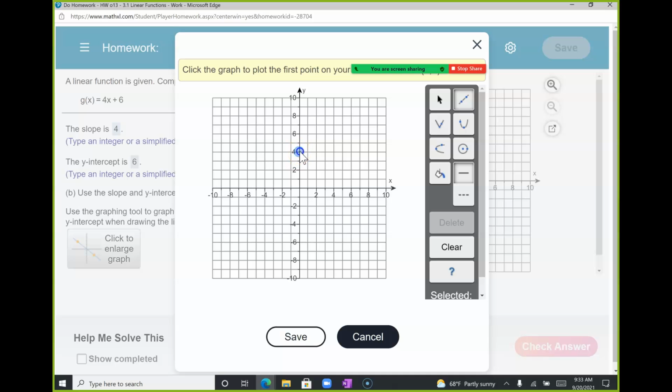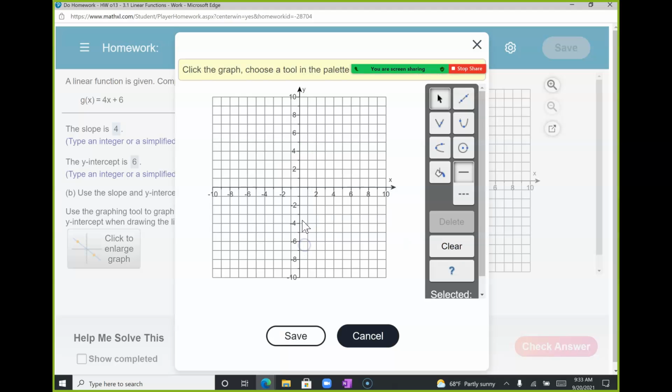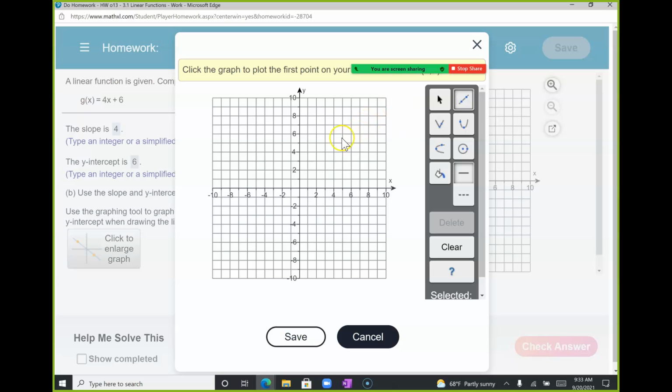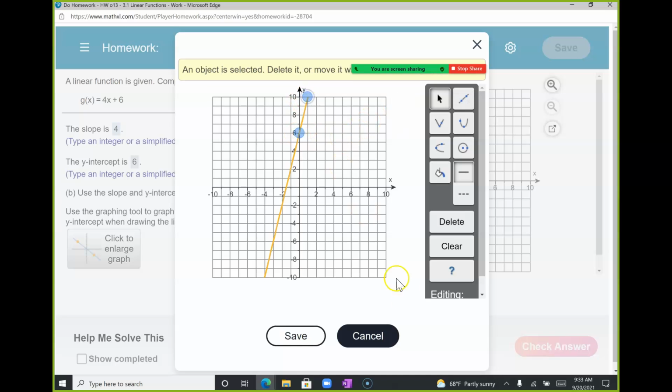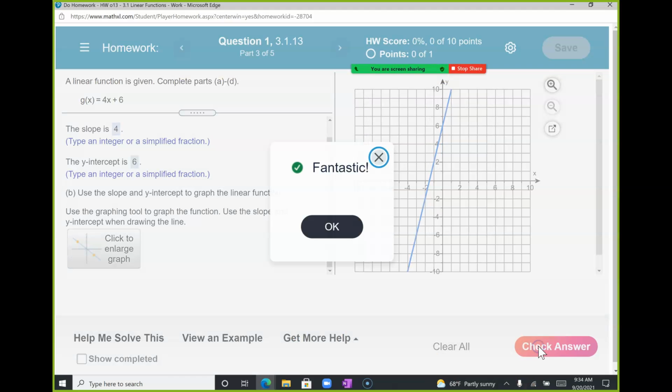Pick the first point, and then pick my second point. What did I say? Go up 4. Oh, sorry, 0, 6 was my first one. So I want to clear that. So I had 0, 6, right? And I went up 4 over 1. And then save it, and then check the answer.